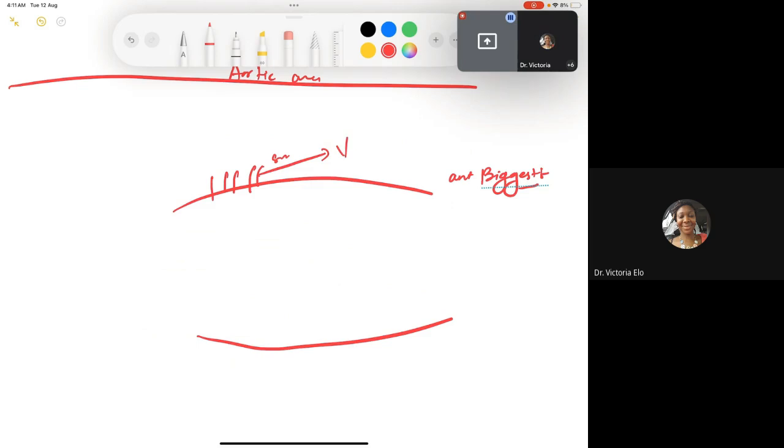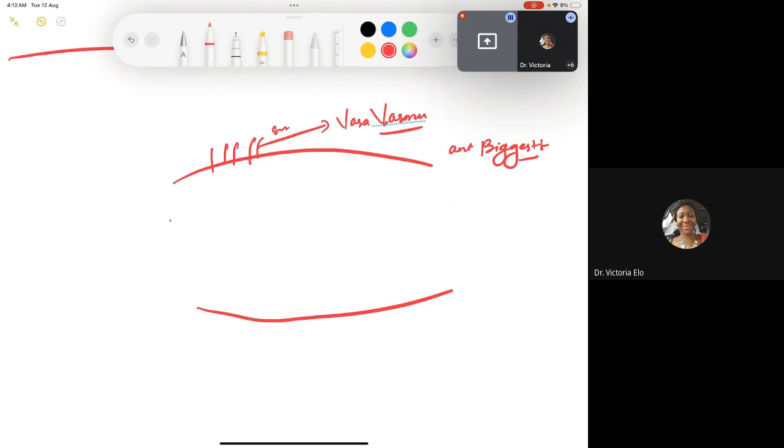They are called vasa vasorum, right? They are vessels of the vessel, vessels of a vessel. Vasa vasorum means small blood vessels of a big vessel, right? Okay. So remember, whenever we have hypertension, what happens as a result of hypertension? We discussed that in order to withstand hypertension, all of your blood vessels become thickened, right?